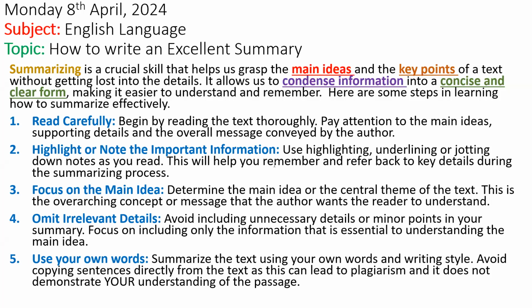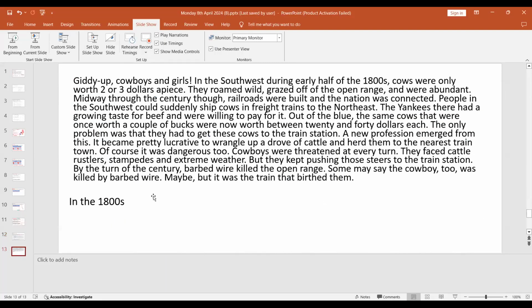So let's summarize this. We need to know where we are and what we're talking about, right? So in the 1800s, it says cows were only worth $2 or $3 a piece. So were they cheap or were they expensive?